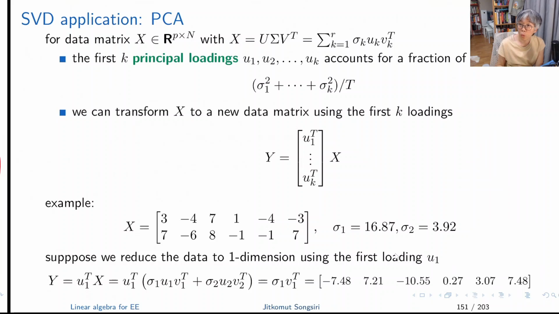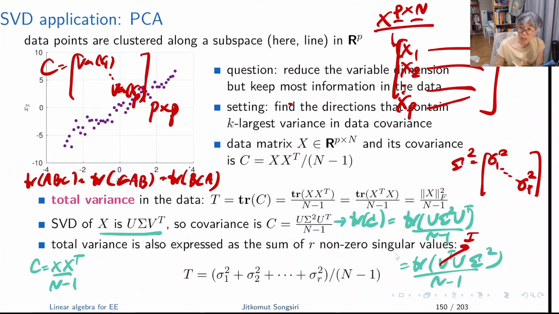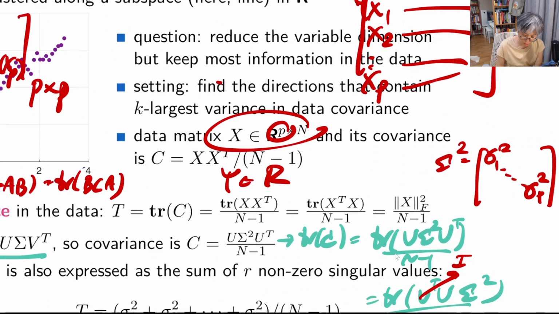What if we want to use only a few features? Remember that originally we use p features, so we want to transform x into some variable y, which has fewer than p features.